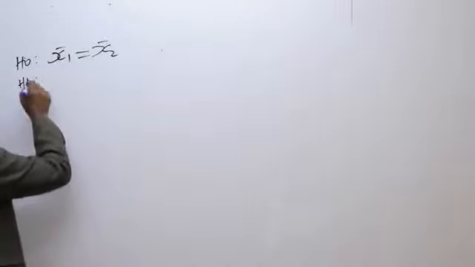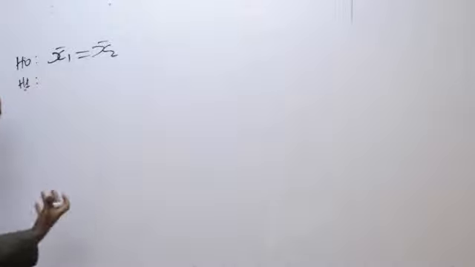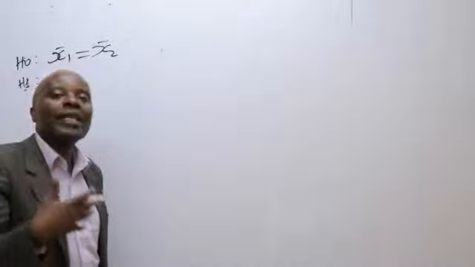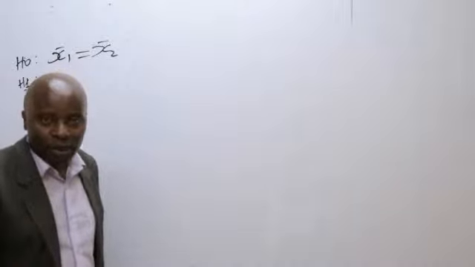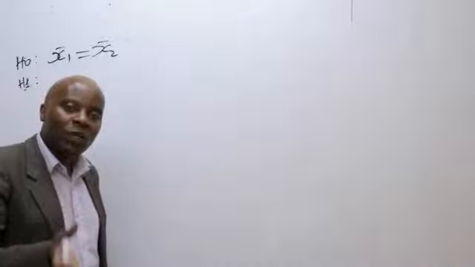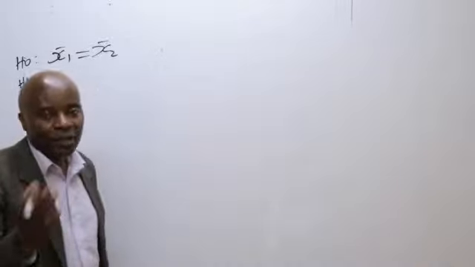And then the alternative hypothesis. They haven't told us to study and tell them whether X bar 1 is greater than X bar 2. They just want us to study, analyze, and see whether the two variables are significantly different.